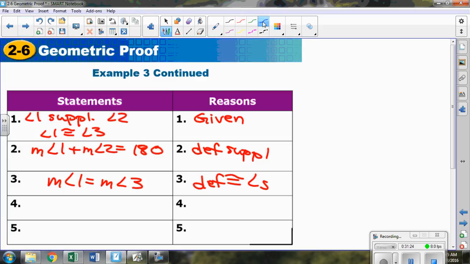At this stage, you would need to recognize something. Measure of angle 1, measure of angle 1. We can apply substitution here, and we can plug it in. Measure of angle 3 replaces the measure of angle 1, that's what we had in the blue, into that equation.